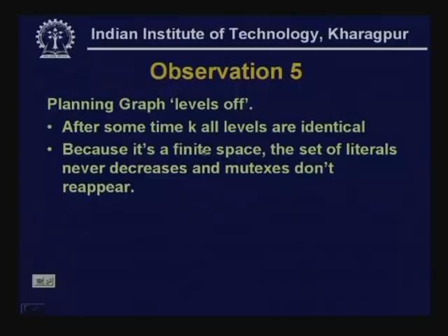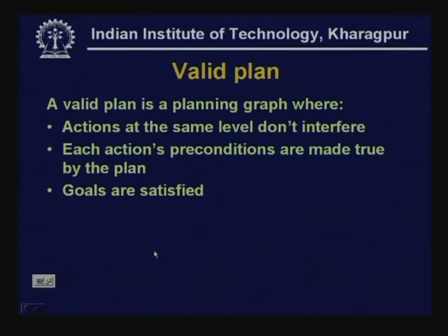So, after some time we will find that all the levels are identical. Because we have a finite search space, the set of literals will never decrease and no new mutexes will appear. So, this means that after some time our planning graph will reach a saturation point. So, the planning graph cannot go on forever.